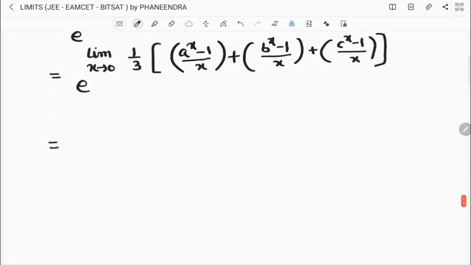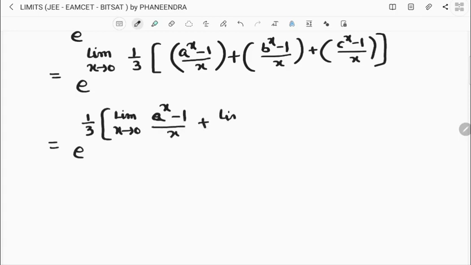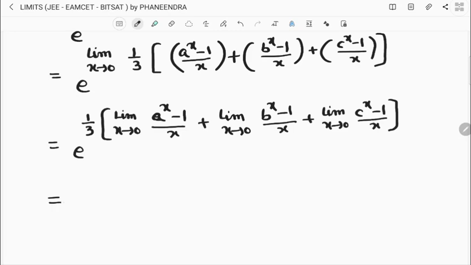Which is equal to e power 1 by 3, applying the limit for each and every term: limit as x tends to 0 of (a^x minus 1)/x plus limit of (b^x minus 1)/x plus limit of (c^x minus 1)/x, which is equal to e power 1 by 3.